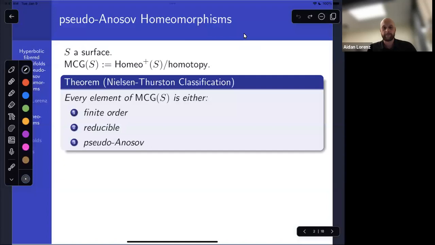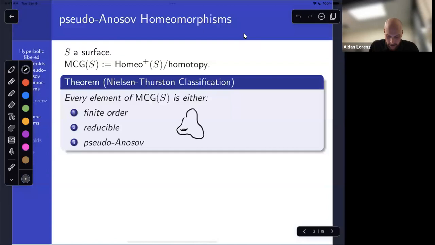And potentially the most important theorem in the theory of mapping class groups is the so-called Nielsen-Thurston classification, which says the following thing. Every element of the mapping class group of a surface is one of three things. It's either finite order. Okay, so I think we all know what that means. It's reducible, which maybe I'll explain by means of an illustration.